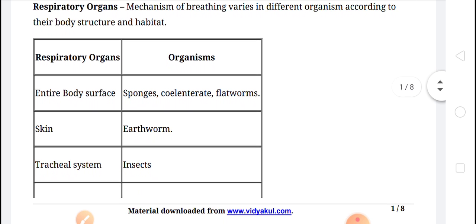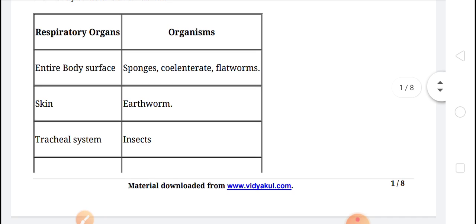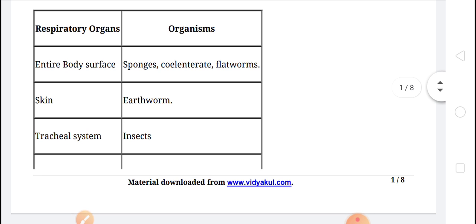Next, earthworm. Earthworm is an organism that exchanges the gases through its moist skin, that is, its thick moist cuticle. Next, insects.